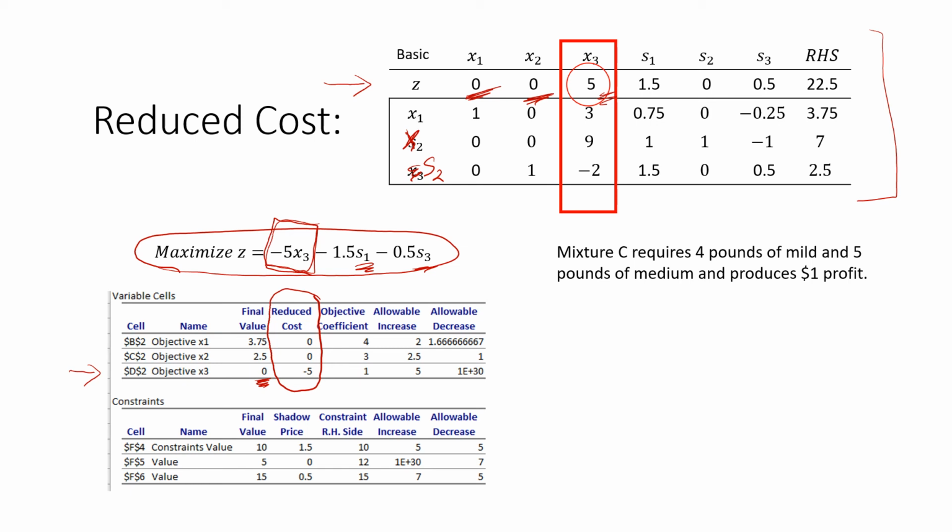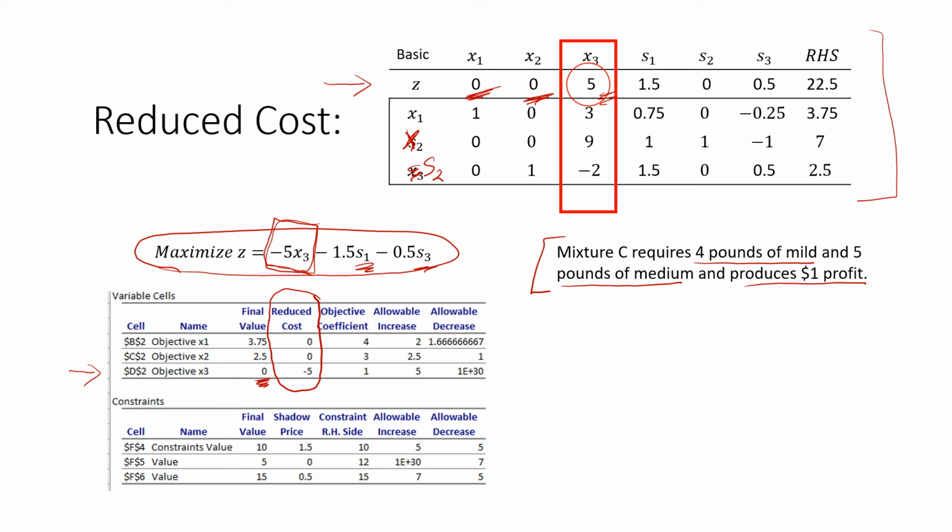Well, where does this come from? If you remember the x3, this was the statement from our problem. It said that mixture C required 4 pounds of mild coffee beans, 5 pounds of medium coffee beans, and produces $1 profit.